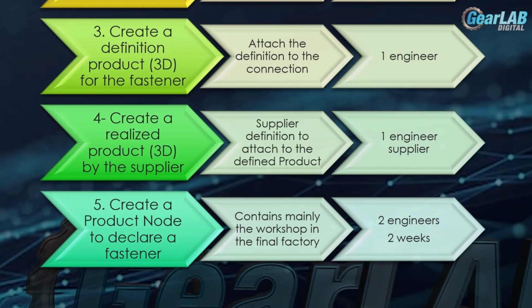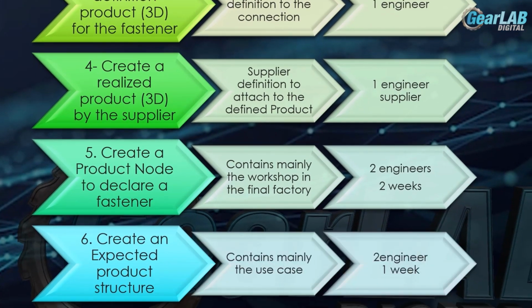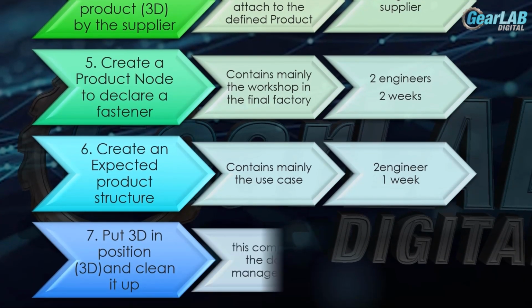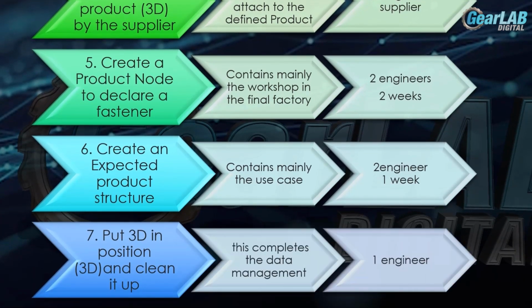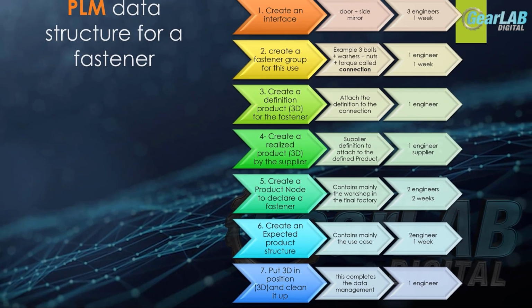This involves 2 engineers to complete the process and takes about 2 weeks. Step 6. The same team creates also what is called an expected product data structure, which contains the use case of the fasteners. Add another week. Step 7. Finally, a 3D engineer, the same as Step 3, puts the fasteners in place, precisely.